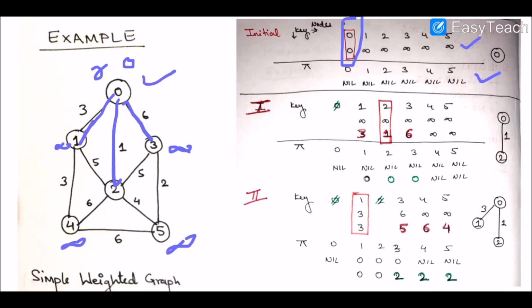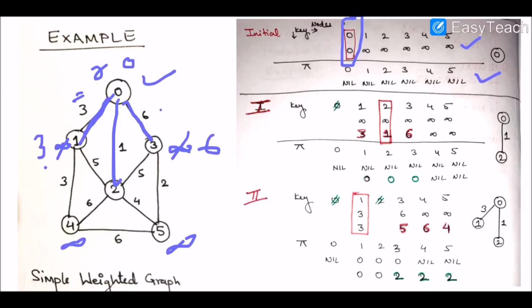Now the next step says that if the weight of the edge to the adjacent node is smaller than its key value, we are going to update it. Here we can see for 0 to 1 the weight is 3 and the key value is infinity, so this will be updated with 3. Here also the key value is infinity and the weight is 6, so this will be updated with 6, right?